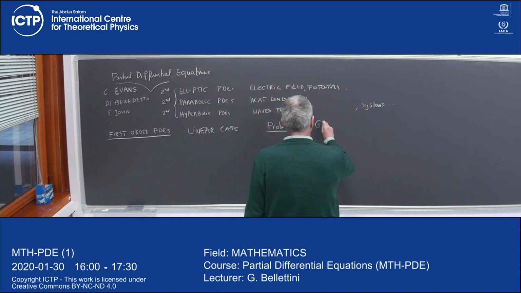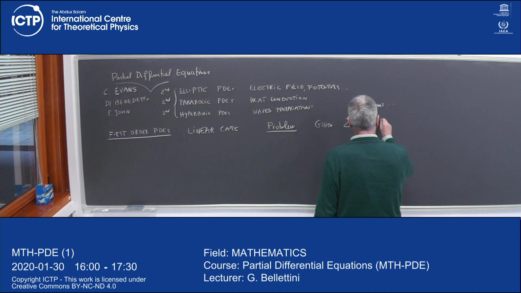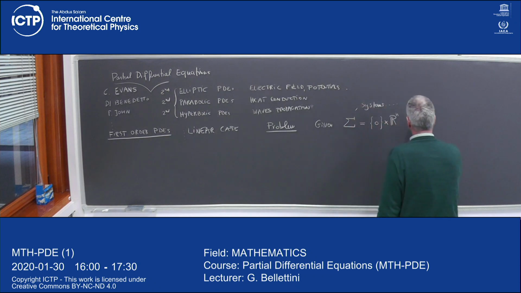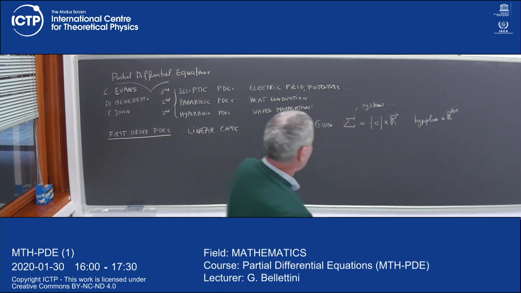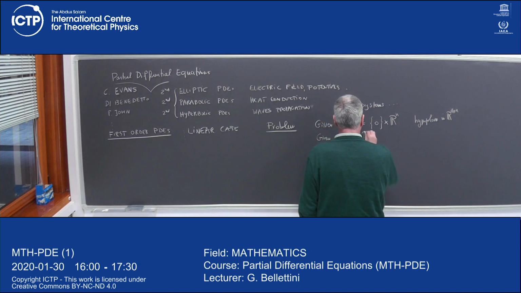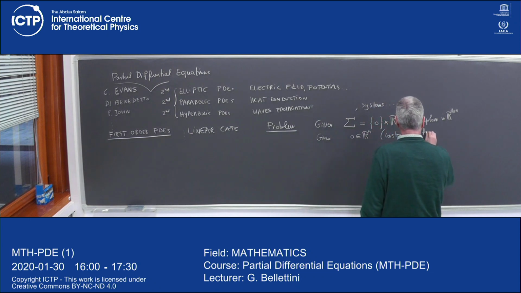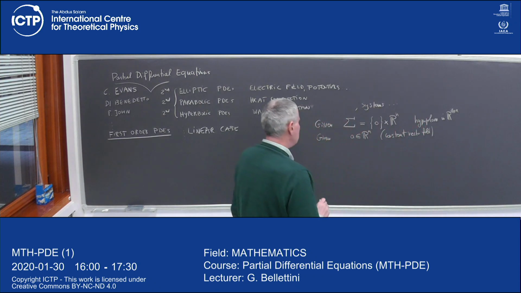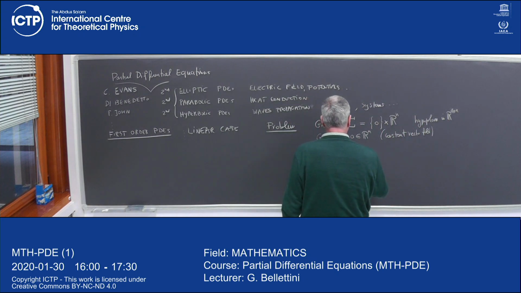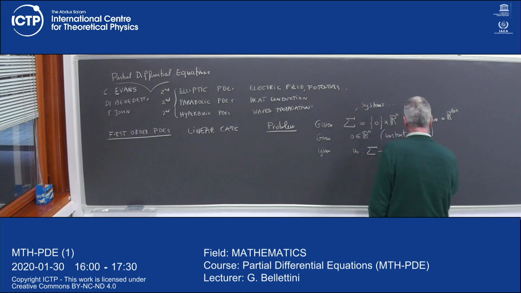So given a hypersurface sigma, actually a hyperplane in R^{1+n}, given a vector field, a constant vector field, given a function u0 from sigma into R, u0 of class C1.